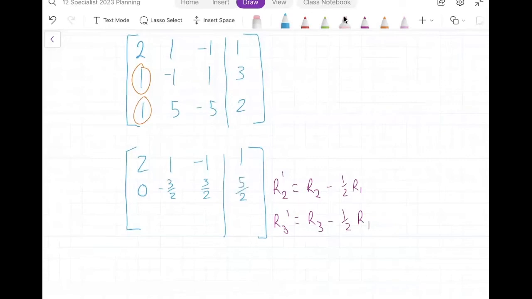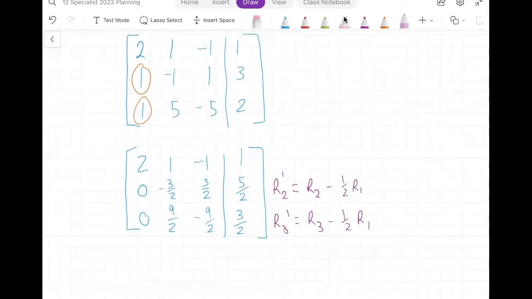Doing my third row, again I get 0. Then I have 5 minus a half, which becomes 9 on 2. Then I have minus 5 minus a half, which becomes negative 9 on 2. I also have 2 minus a half, so that becomes 1.5 or 3 on 2. So I've got my new rows.